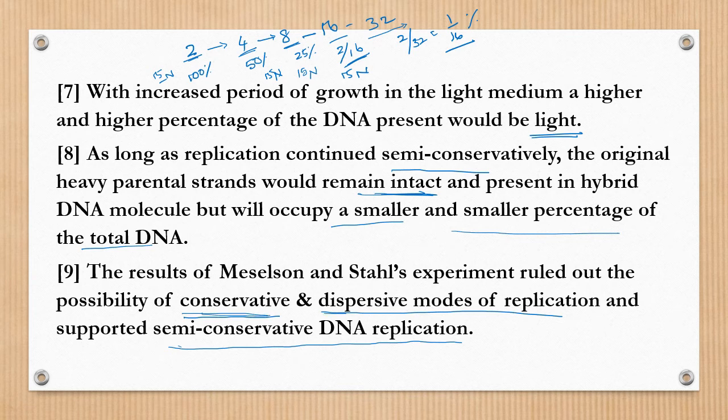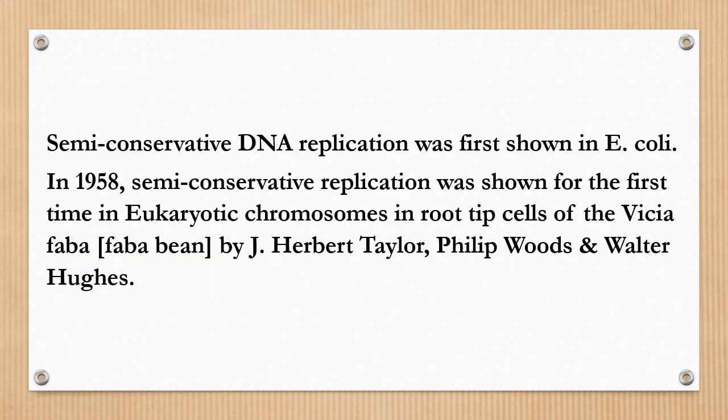This experiment supported semi-conservative DNA replication. Semi-conservative DNA replication was first shown in Escherichia coli by Meselson and Stahl. We already discussed this in this part.